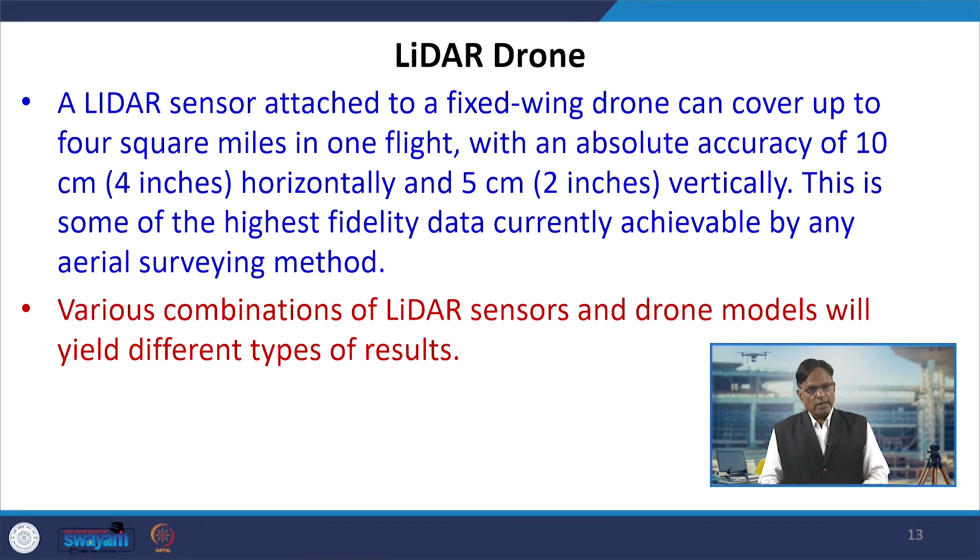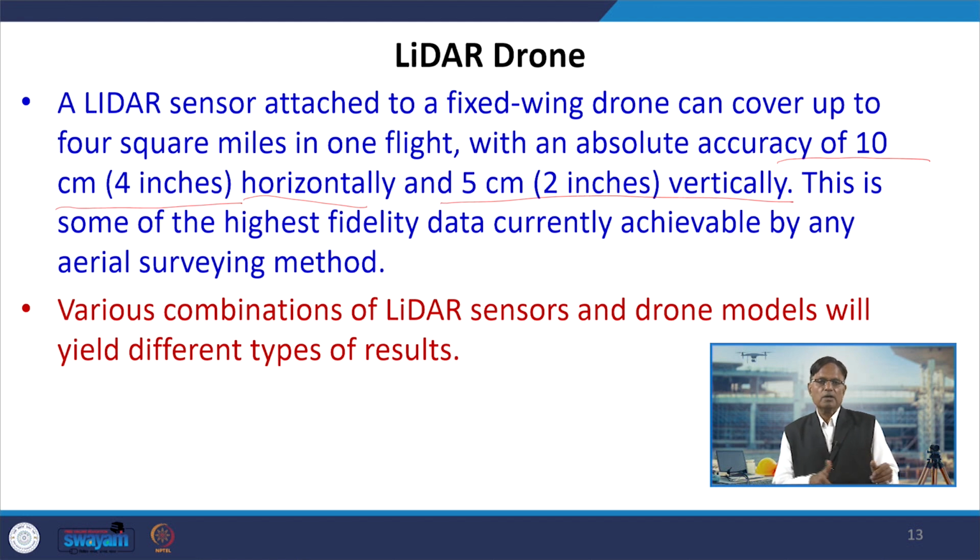A little bit about the LiDAR based drone. A LiDAR sensor which we are attaching to, for example, a fixed wing drone can cover 4 square miles in one flight, a very large area in one single flight, with an absolute accuracy of 10 centimeter, which is a very good accuracy, in the horizontal direction and 5 centimeter in the vertical direction.